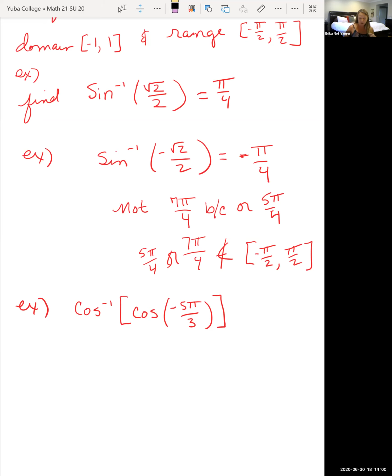So if you showed work here, you were going negative 5 pi thirds, so this is, let's see, it would be right in here. So clockwise, and this is negative 5 pi thirds. And so I know if I add another pi thirds to 5 pi thirds, that's 6 pi thirds, which is 2 pi.